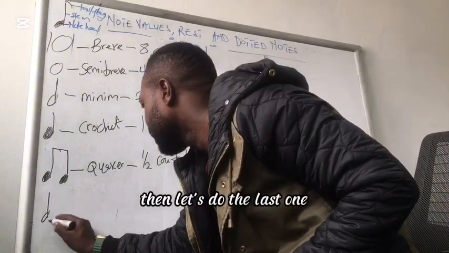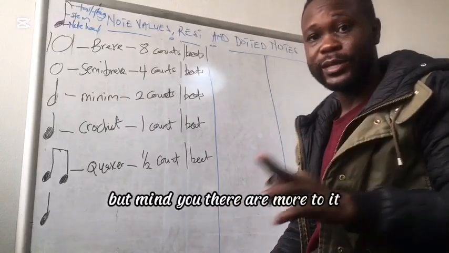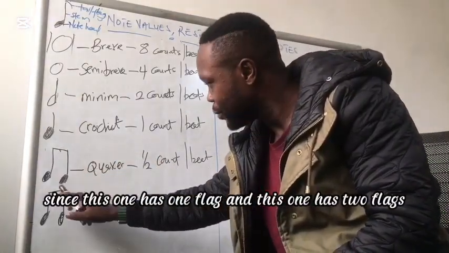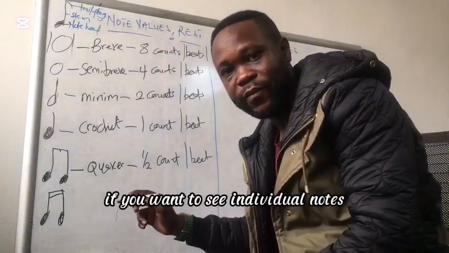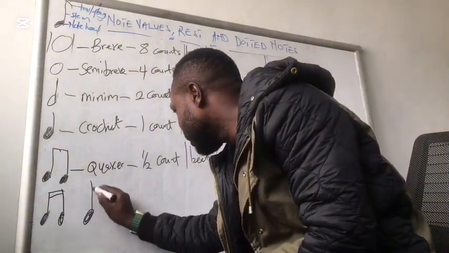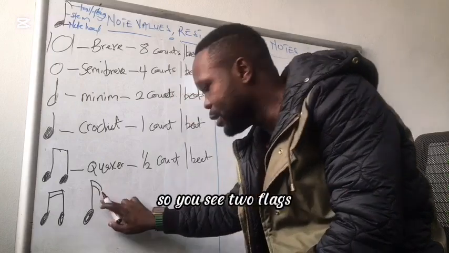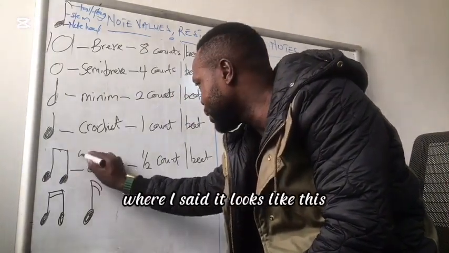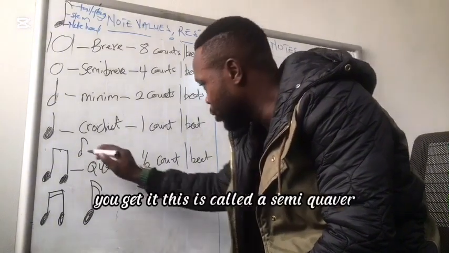Then let's do the last one. But mind you, there are more to it. Since this one has one flag and this one has two flags, if we want to see individual notes, this is how it's going to look. So you see two flags. This one has one flag. You get it?